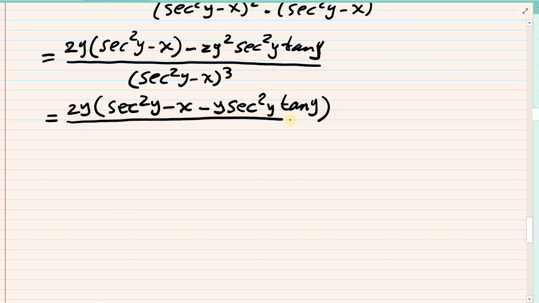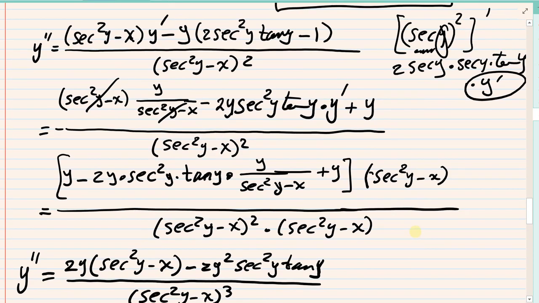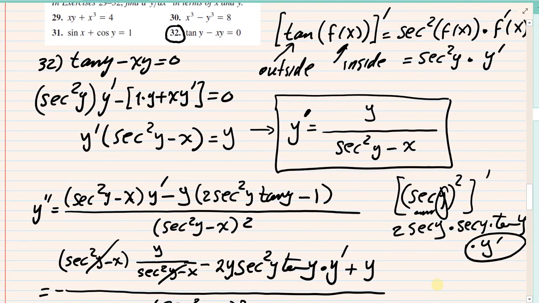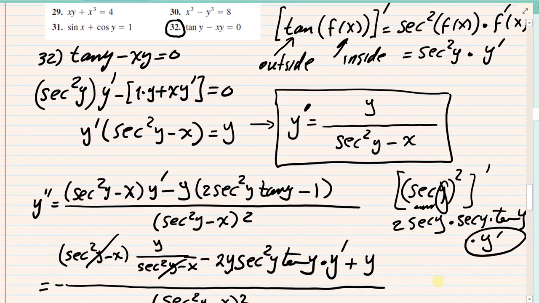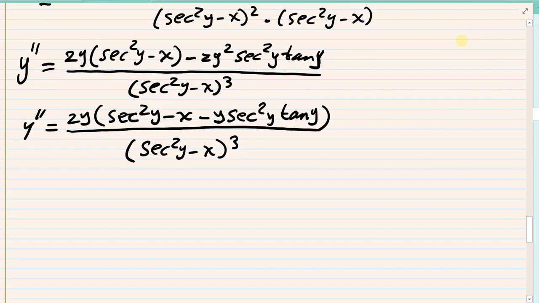And all of that divided by the denominator. And that's as simple as this can get, which isn't really that simple. And this would be the second derivative. Okay, so we're done with this one, and not for the faint of heart. It's kind of messy, but that's how this is, unfortunately. I don't know what to tell you.